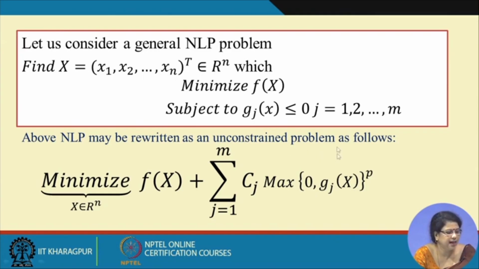Here the penalty term c_j into p_j has the effect on the penalty value. Okay. Now, the c_j value is always positive here.